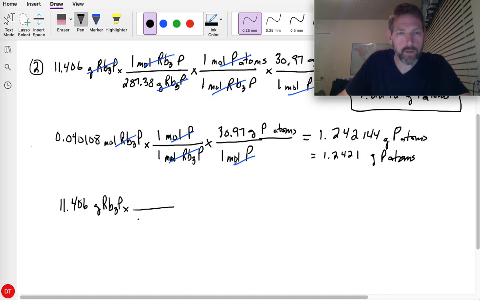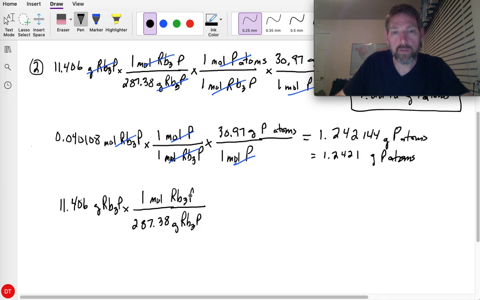Remember, there's 287.38, 287 grams of rubidium phosphide in 1 mole of rubidium phosphide.